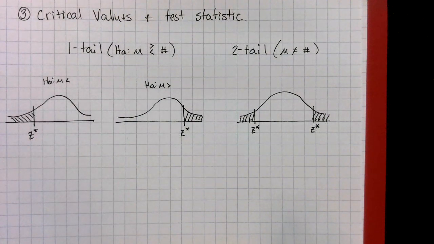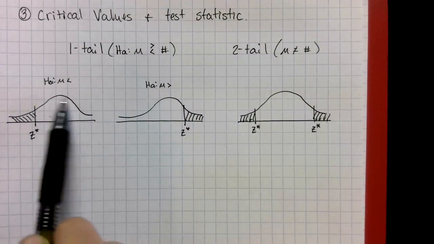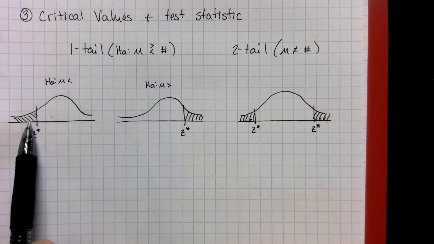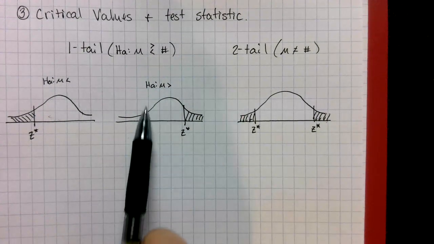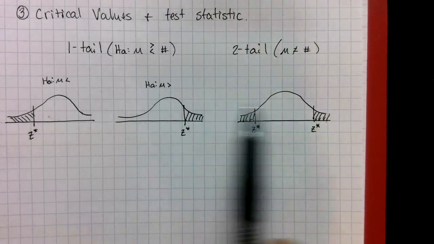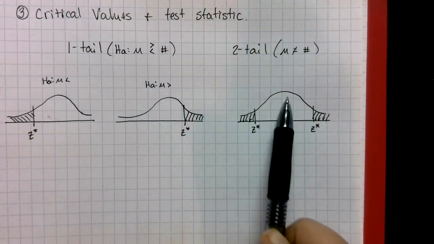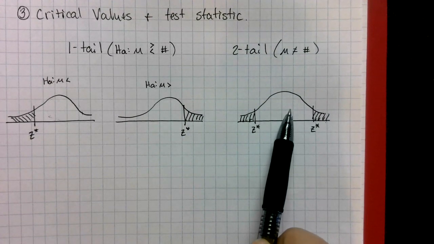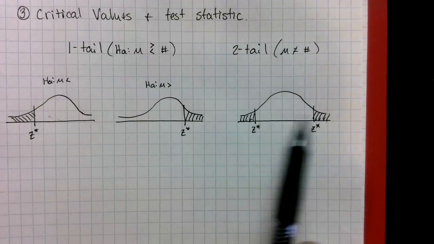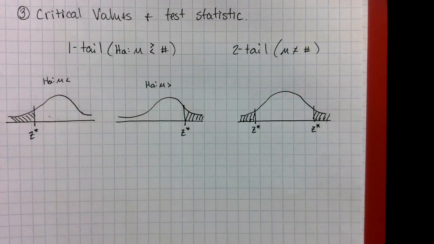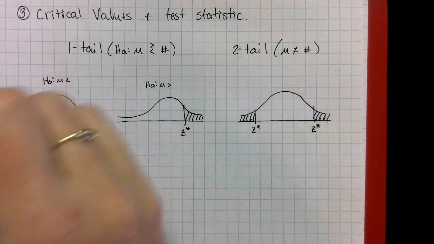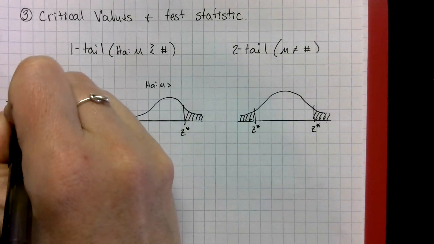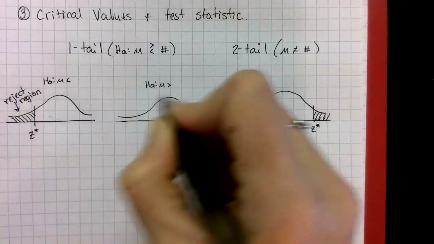It's the cutoff line between what is normal and acceptable versus what is abnormal and unacceptable. In the middle, this is the picture we're more familiar with, our normal, acceptable range of values. Anything that falls outside of these lines, we would consider unusual. All of these little shaded regions are what we refer to as the reject region.